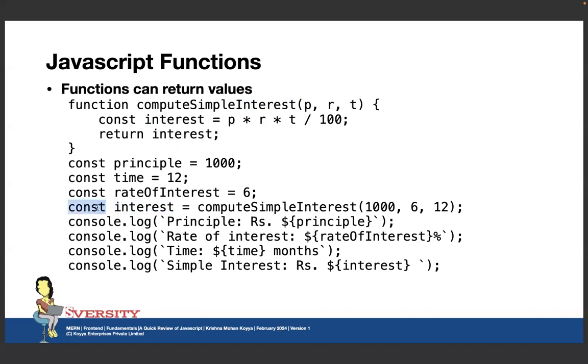So here I am storing it in a constant called interest. If you are assuming that the return variable name and the variable that is holding the result must be the same, there is nothing like that. Once you get the interest, you print the final results here by using the usual console.log statements.